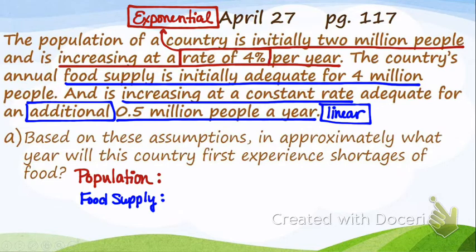Exponential functions. Yesterday, towards the end of class, we said that we write exponential functions as y equals a times b to the power of t, where we usually have t for time. I'm going to go ahead and use t for time on this one also. What did a represent?